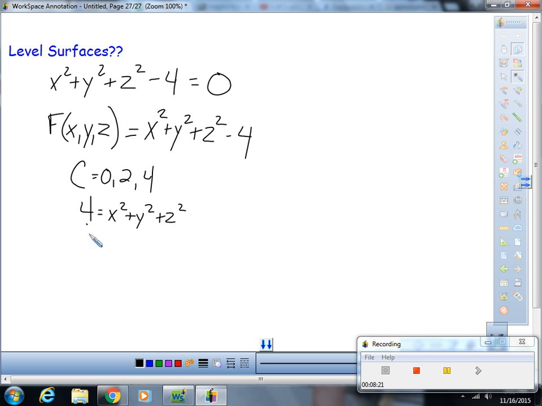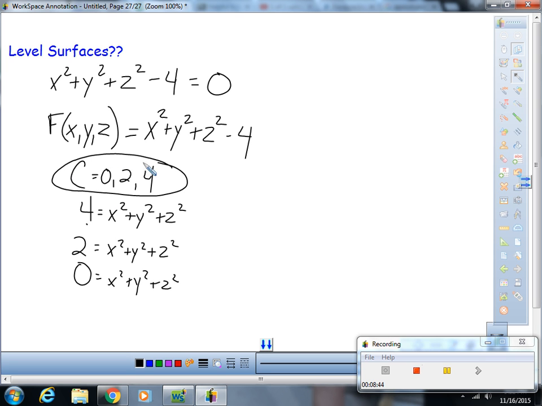Well, the second one, I believe you'd have x squared plus y squared plus z squared equals 2. And on the third one, you'd have x squared plus y squared plus z squared equals 0. So if you look, these are now no longer level curves, so we are not slicing them with a plane, but they are now level surfaces.